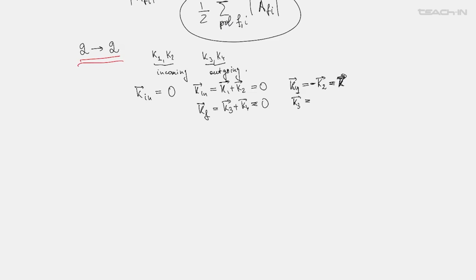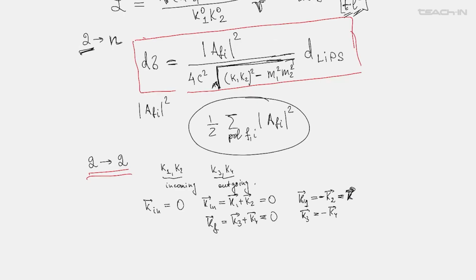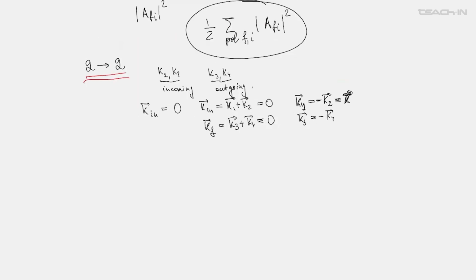Now, to use our formula for the differential cross-section, what we have to do is to evaluate K1, K2 minus M1 squared, M2 squared in the center of mass frame. And in this center of mass frame, we have, first of all, the scalar product. So this is K1, 0, K2, 0, minus Ki, I raise an index, then I get K1, K2, like this, squared.